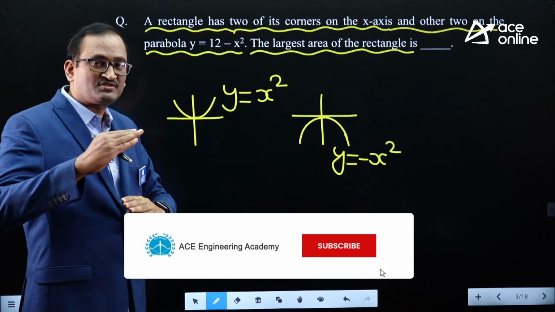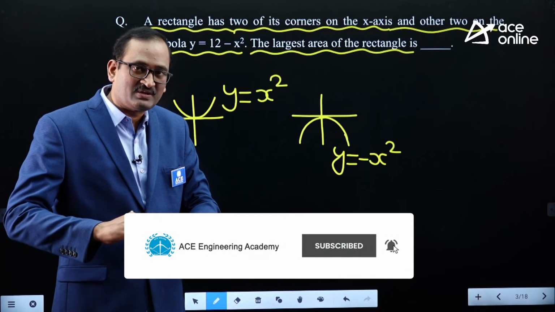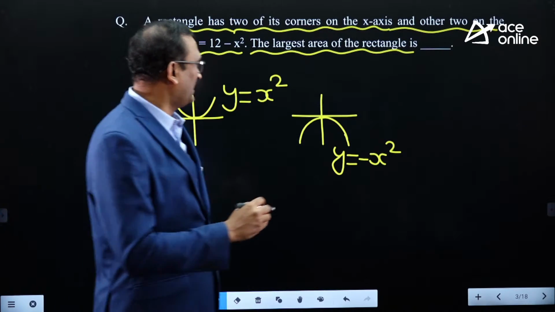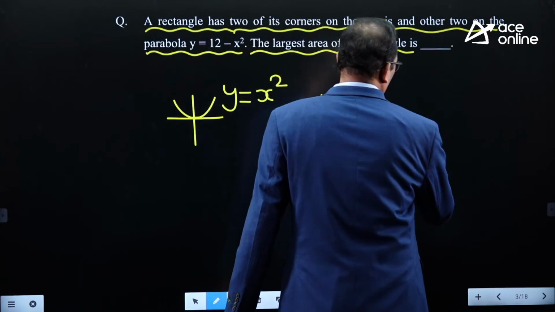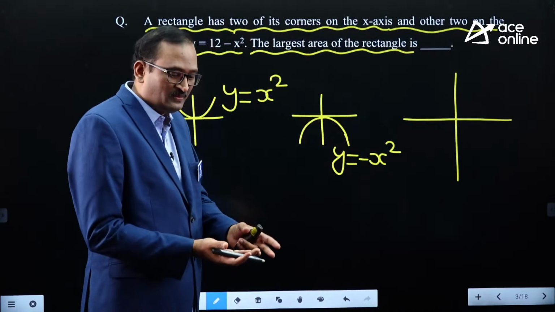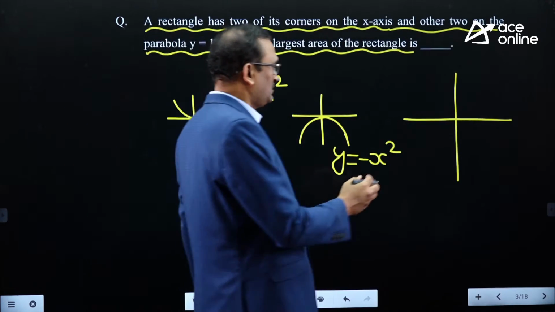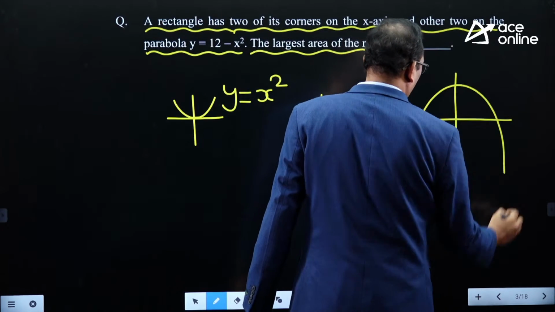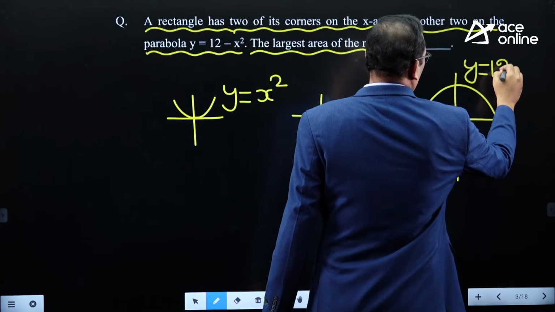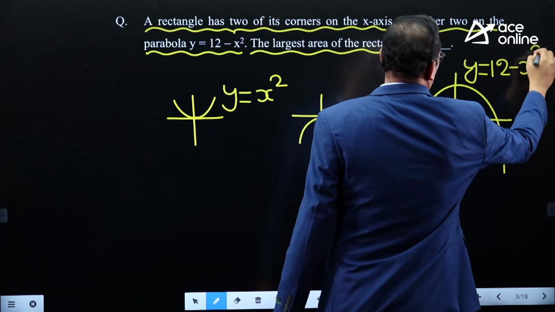Minus x square plus 12 means the same minus x square parabola will be shifted up 12 units.